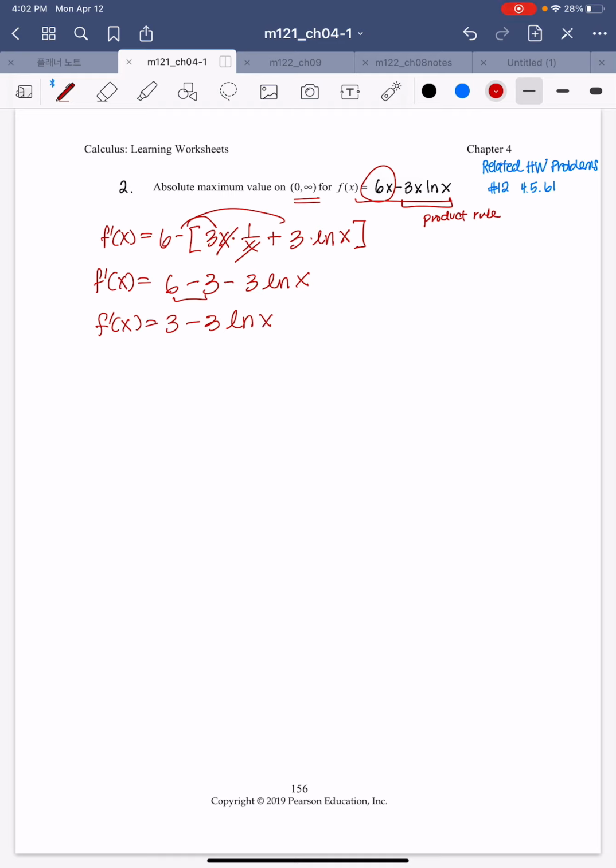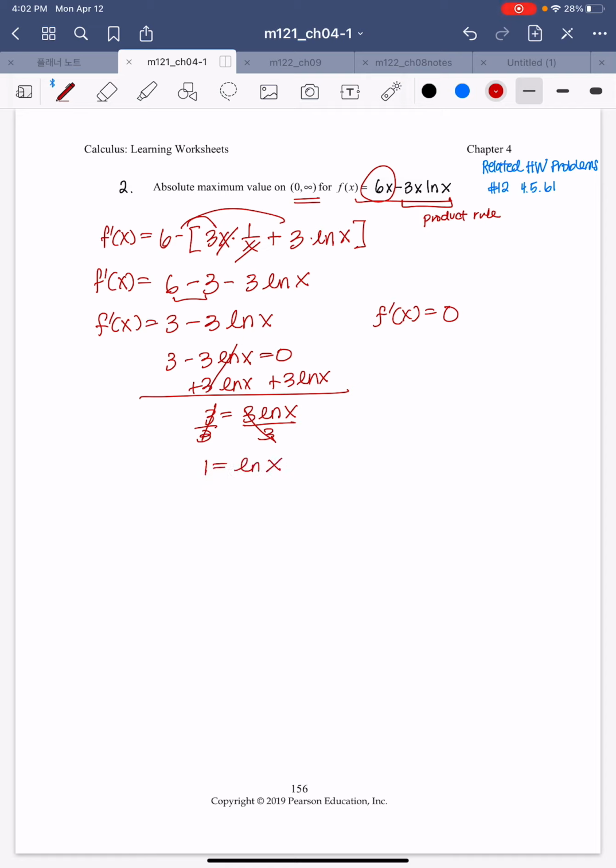To find the critical value, we set our derivative function equal to 0. So I have 3 minus 3 ln x equal to 0. Adding 3 ln x to both sides, I have 3 equal to 3 ln x. Let's keep going to solve for x. So I have 1 equal to ln x. Now ln is a function, so to get rid of the ln function, one algebra trick is to apply the e function.